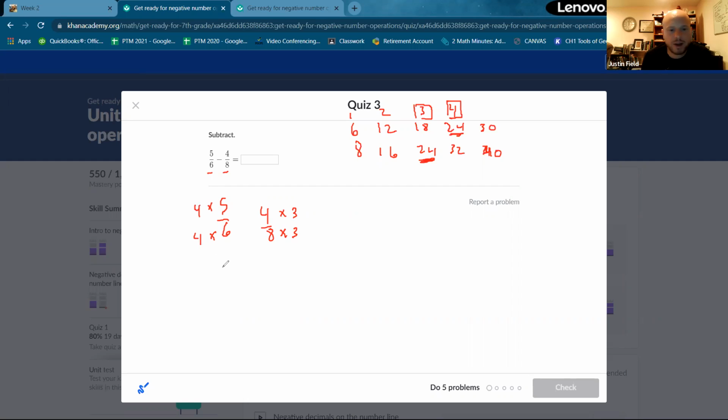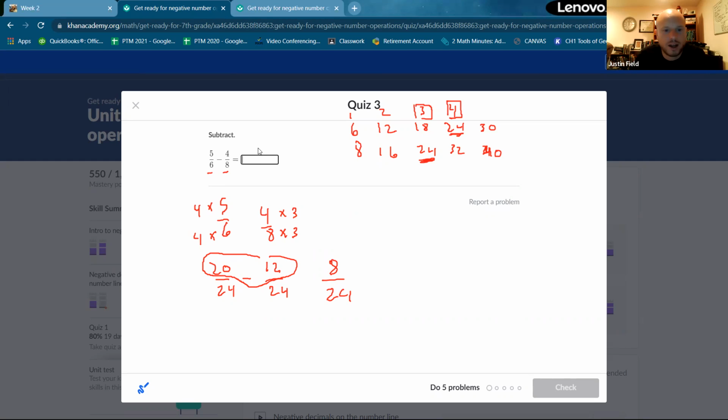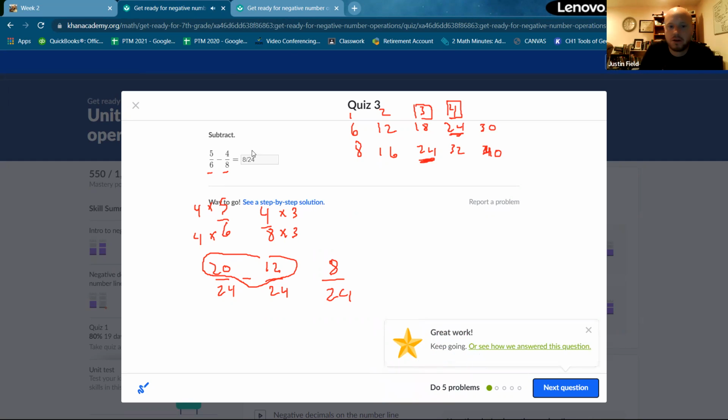And now what does that make these things? 20 over 24, and then 4 times 3 is 12 over 24. Bring down the subtraction sign. So now we're just going to subtract 20 minus 12. That's 8. 8 over 24. We can reduce that, but I'm just going to see if it takes it without that. Oh, okay.